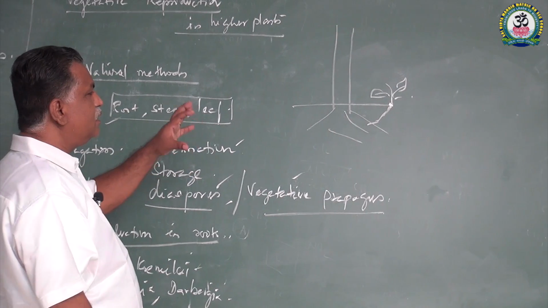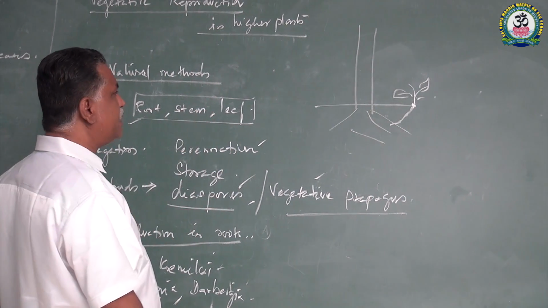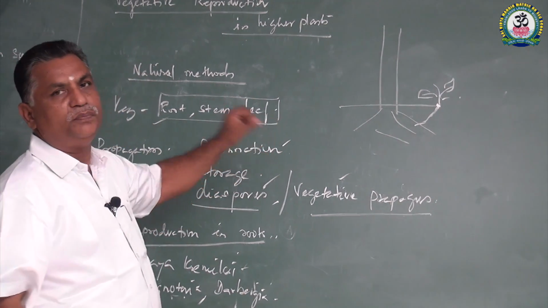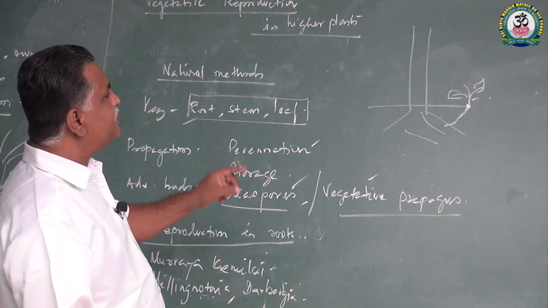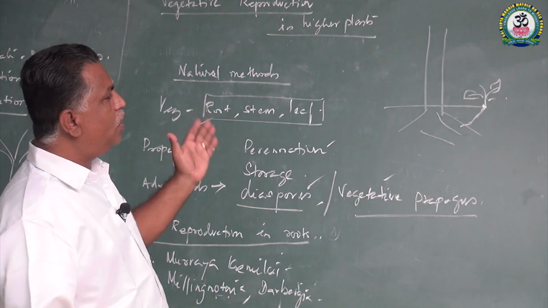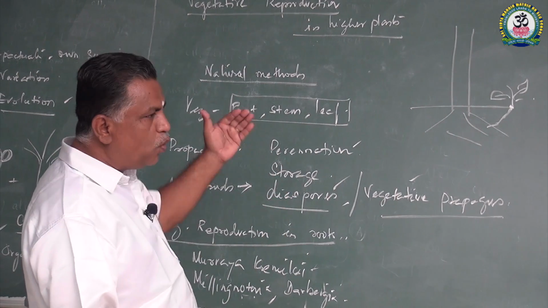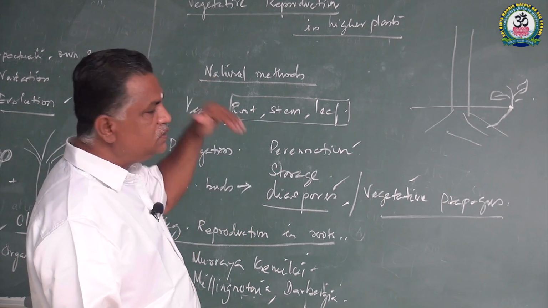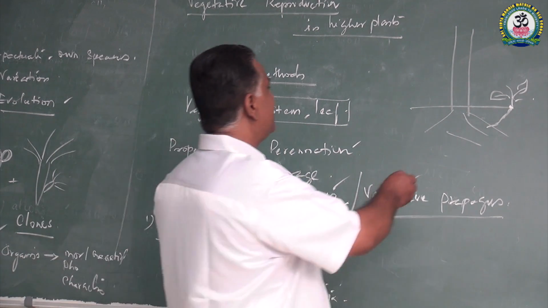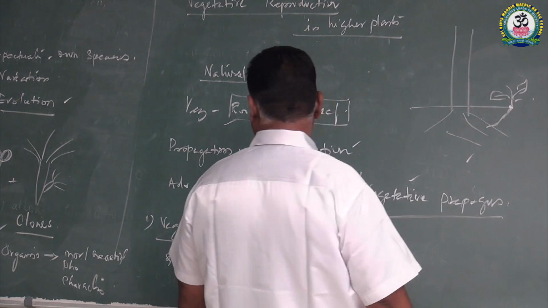This is a kind of vegetative reproduction in which the root actively participates in the production of the next generation, or perpetuation of the species. So actually this is not a new species, it's the own species with the own genome.